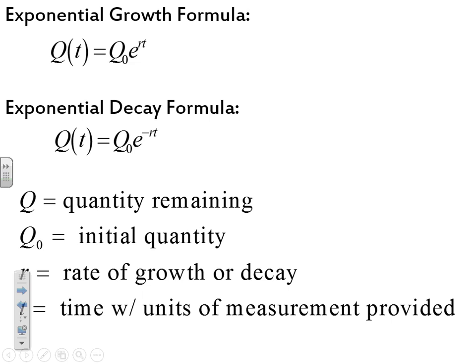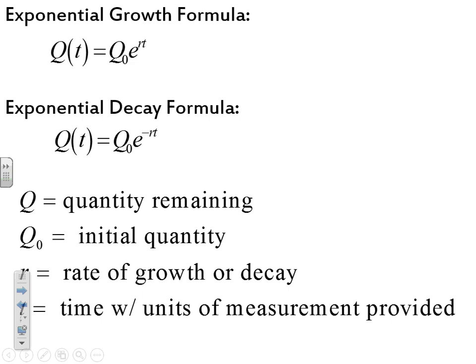Exponential decay has very popular examples like radioactive decay, or an antibiotic taking out bacteria that's causing you to have an infection, something that is dropping over the course of time. Where Q is a quantity remaining of something.